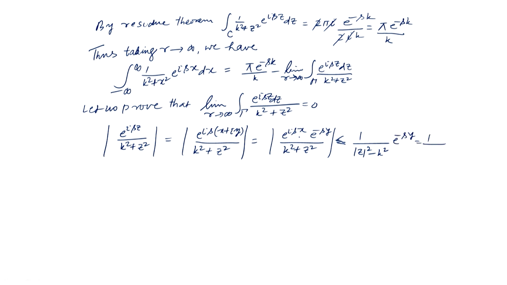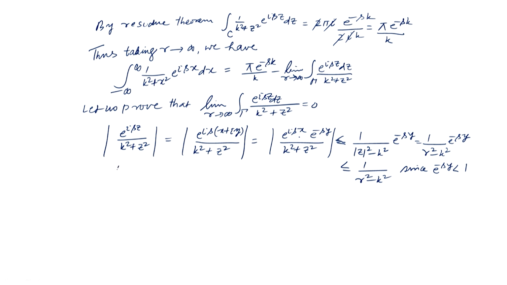So, this is 1 upon r squared minus k squared into e to the power minus sy. We can replace e to the power minus sy by 1, so we can write 1 upon r squared minus k squared, since e to the power minus sy is less than or equal to 1. Gamma lies in the upper half plane.